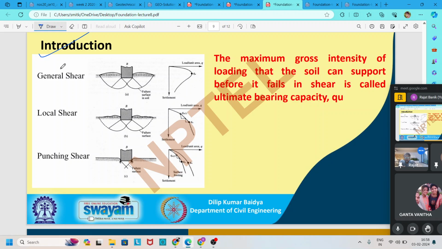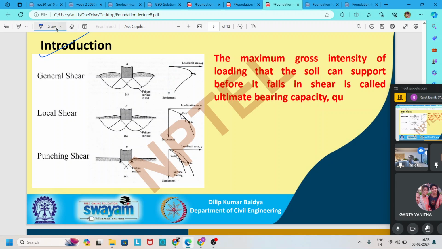In general shear failure, in a load versus settlement curve, a particular peak, a possibly defined peak, may happen, and by looking at this curve we can easily say that at this point the foundation has failed.